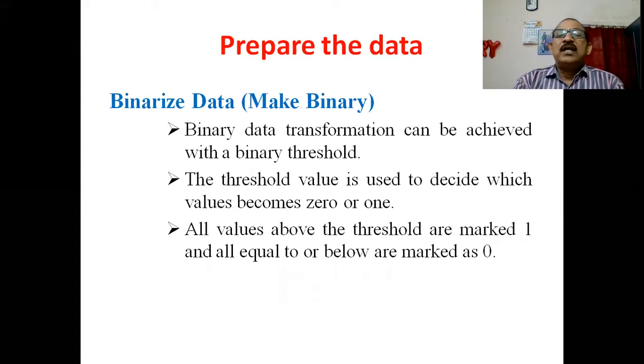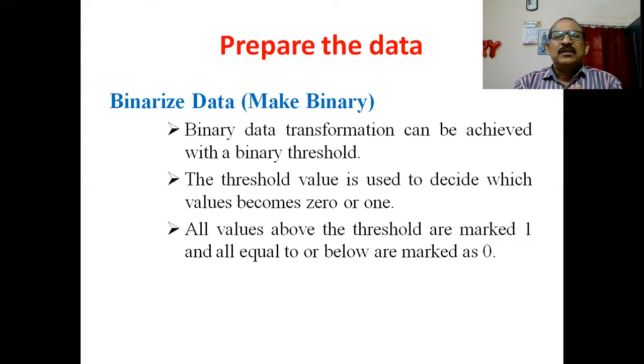Next, binarize the data. In some situations, we want to convert all values of a feature into crisp values, that is 0 or 1. In that situation, we make our data values binary.